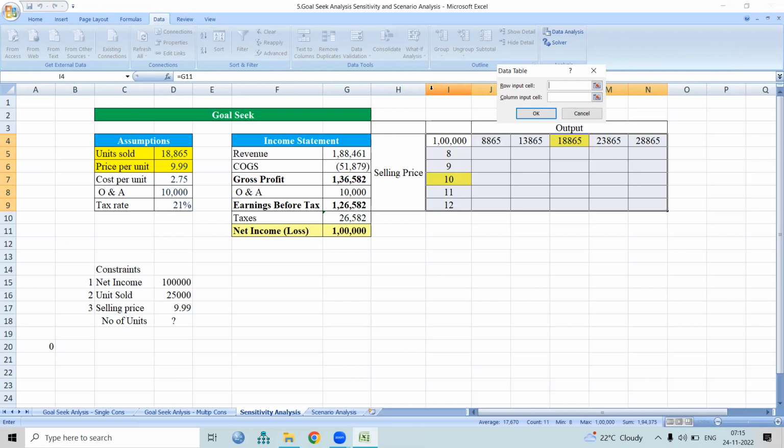Okay. Let's feed the input now. So here, what is the row input? The row input is basically units sold.